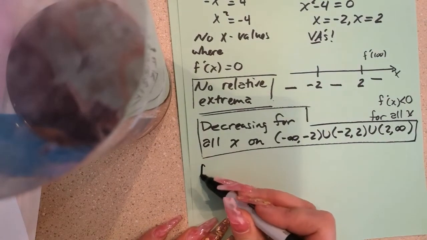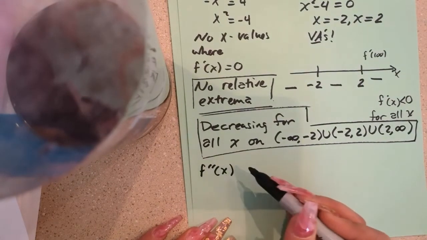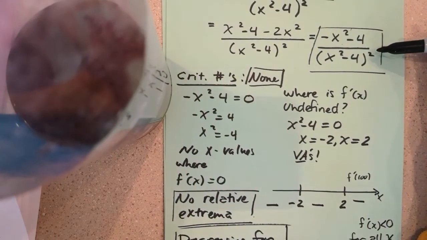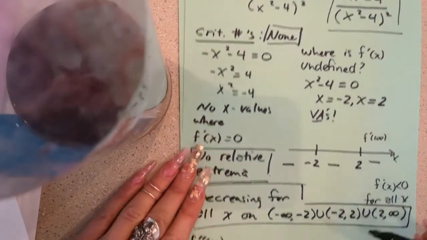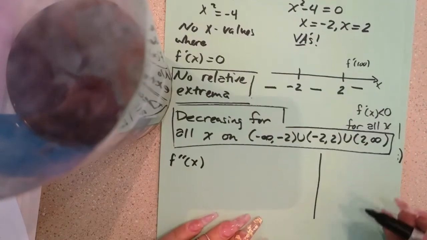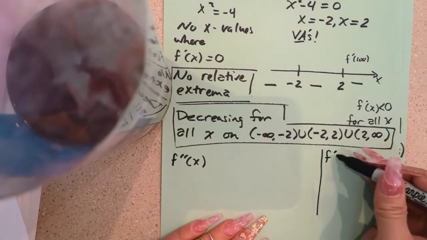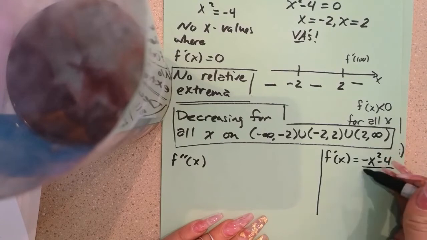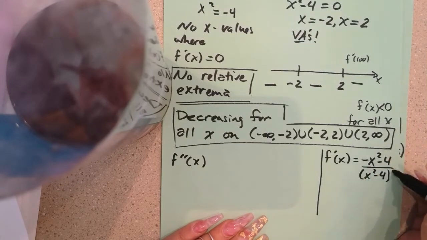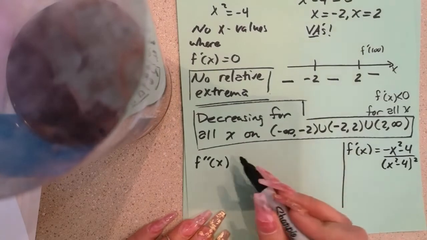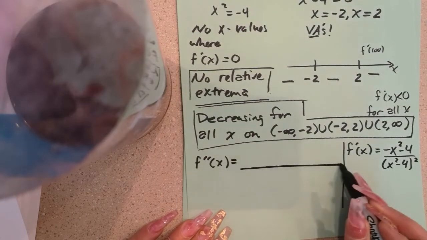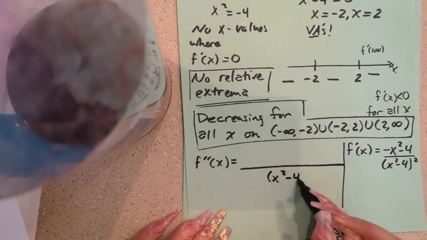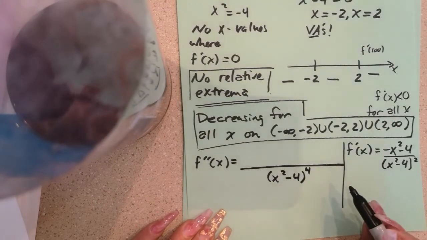So what about the second derivative? Where's my first derivative? Okay, that's up here. Let me put the first derivative right here. That was negative x squared minus 4 over x squared minus 4 squared. Okay, this is going to be a little longer then. So quotient rule again. Square the bottom: x squared minus 4 squared squared, so power 4.